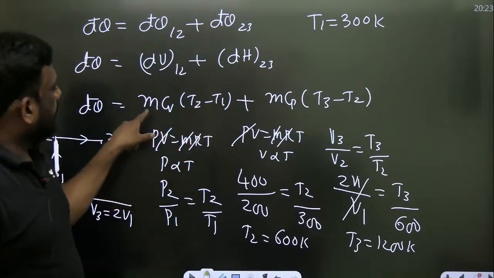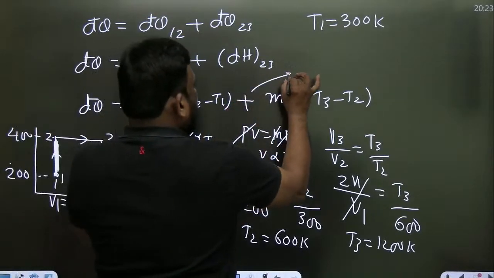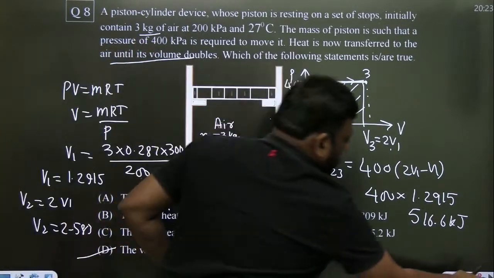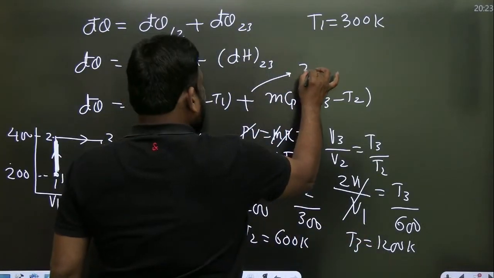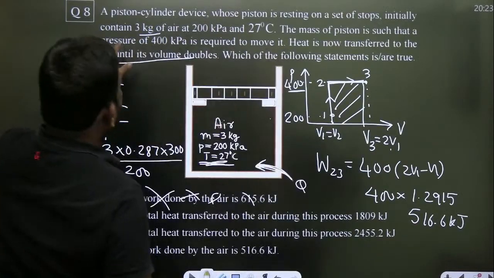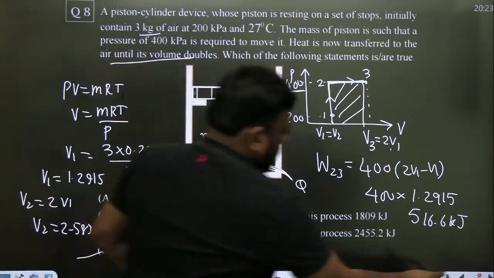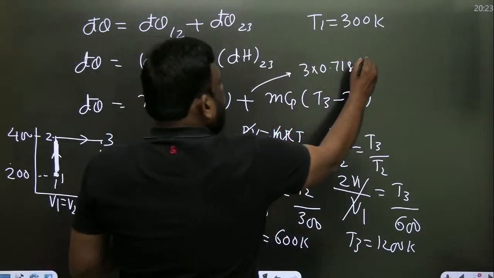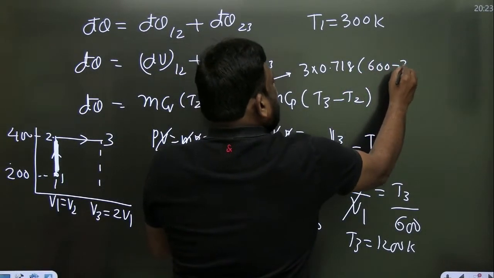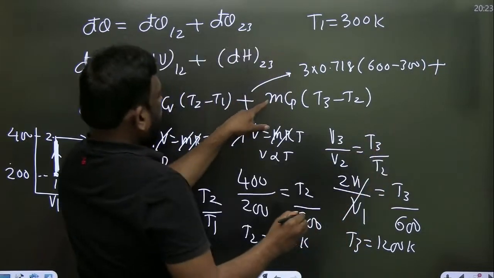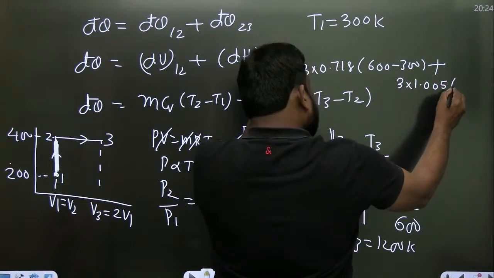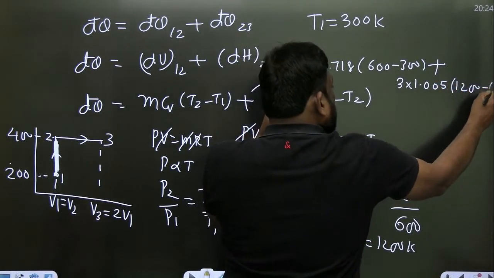All are known. Now we will put them in. What is m? m is 3 kg. Cv is 0.718. Is it air, sir? Yes, air. Cv is 0.718 into (T2 minus T1), T2 is 600 and T1 is 300, plus m is 3, Cp is 1.005, T3 is 1200 and T2 is 600.